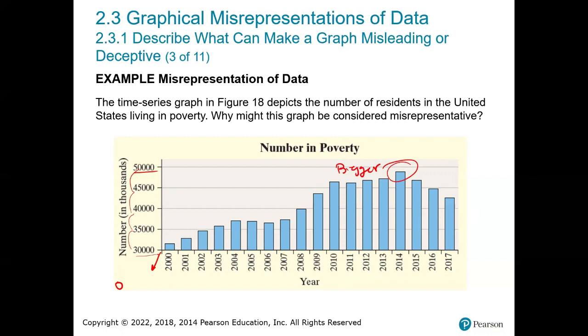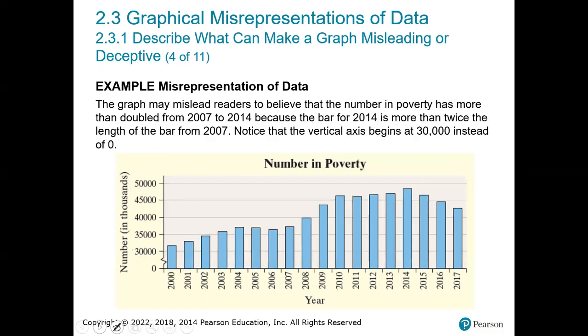So here's what I'm going to show you. On the next slide, I'm going to show you a correct representation with 0, and you're going to see that it's not as drastic. There is still a difference, but it may not be as drastic. Okay, now they still put a 0 here, but it's still technically misleading.